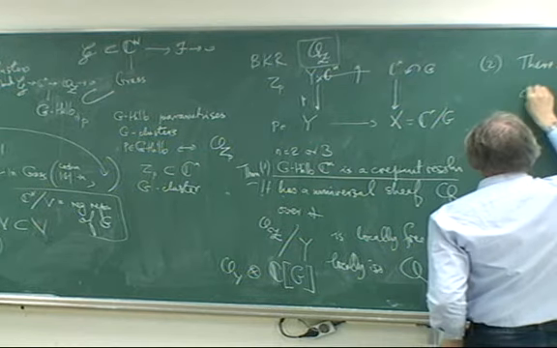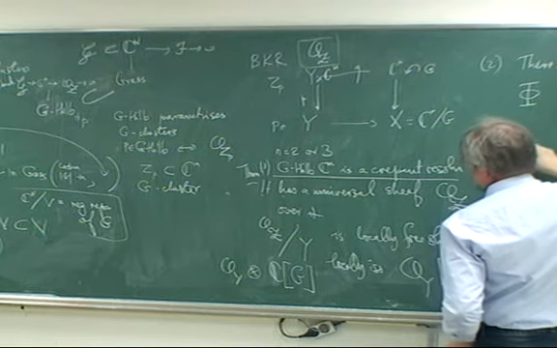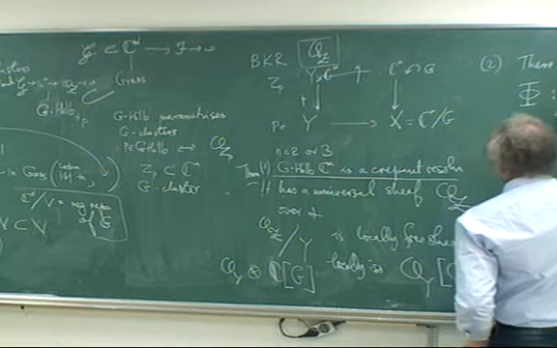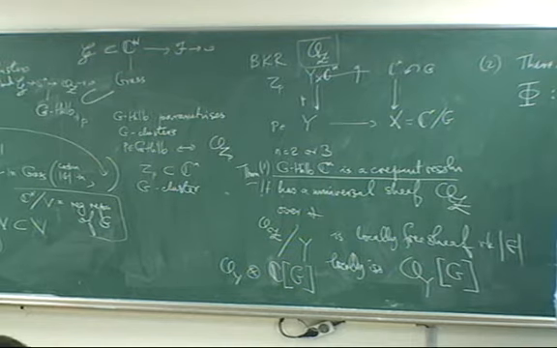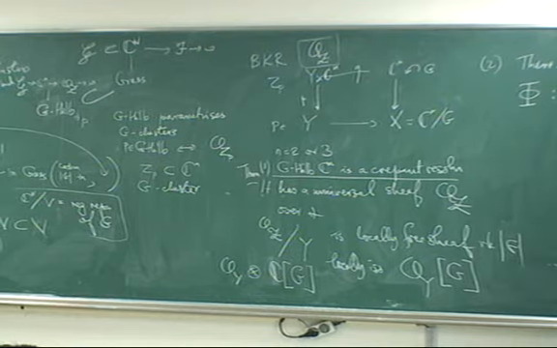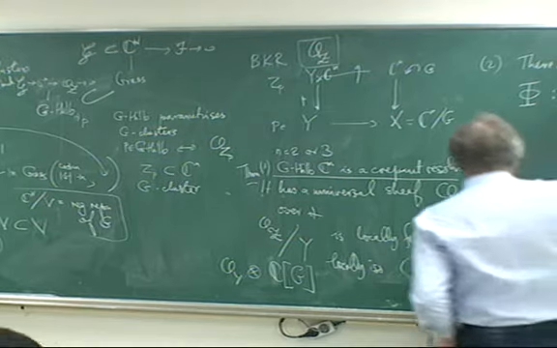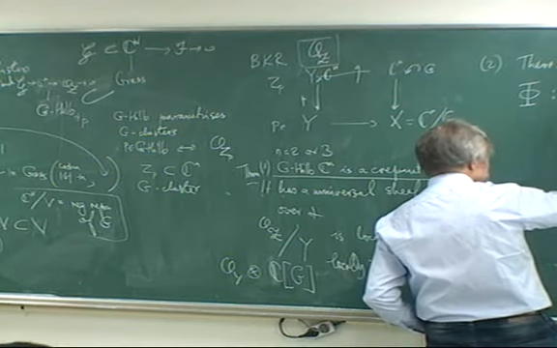So I'm going to only sketch this Phi going from sheaves on Y to G-equivariant sheaves on Cn. Right? That induces an equivalence of derived categories.